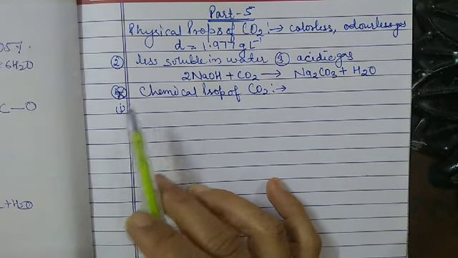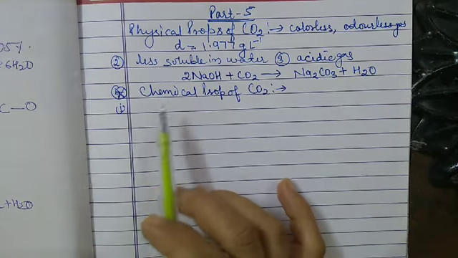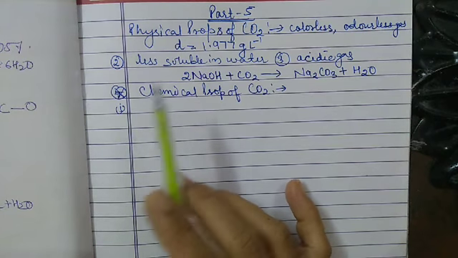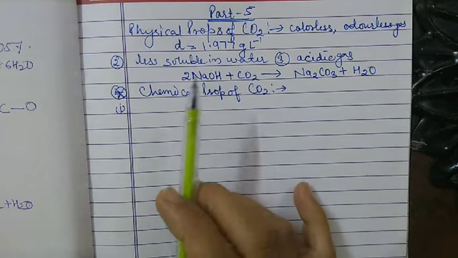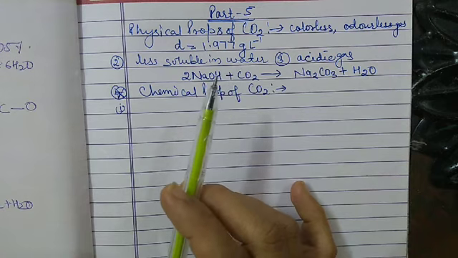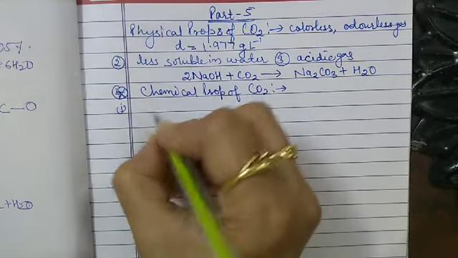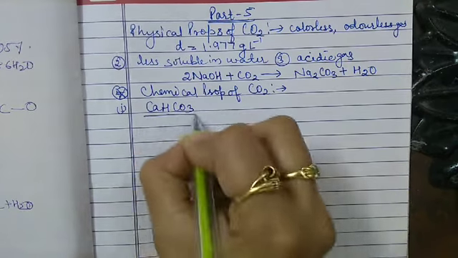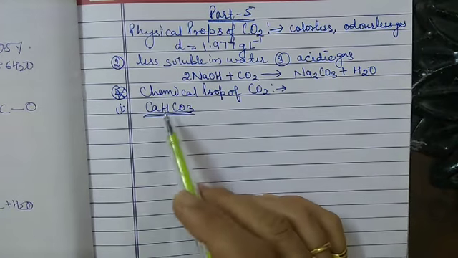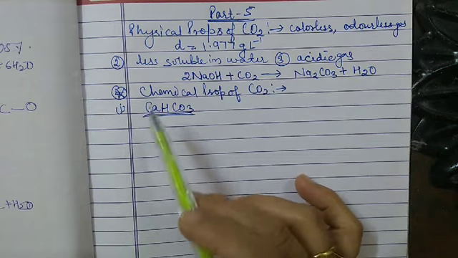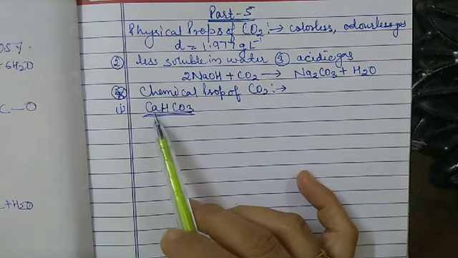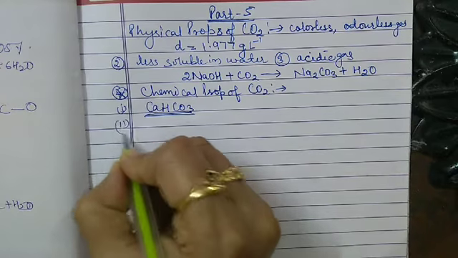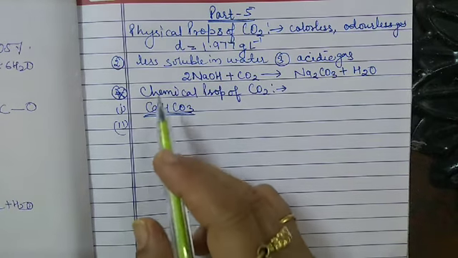The milky color disappears if carbon dioxide is passed for a long time, due to the formation of soluble calcium bicarbonate, which is also known as calcium hydrogen carbonate.